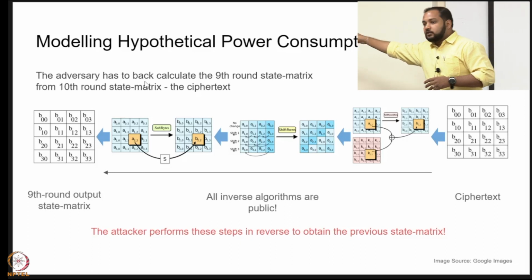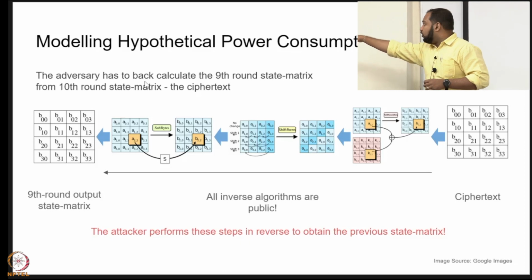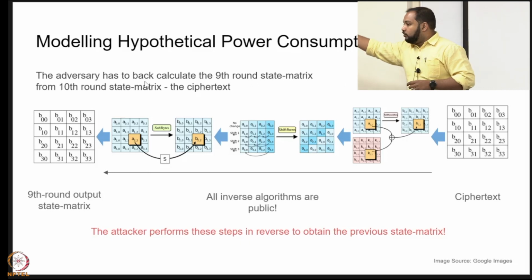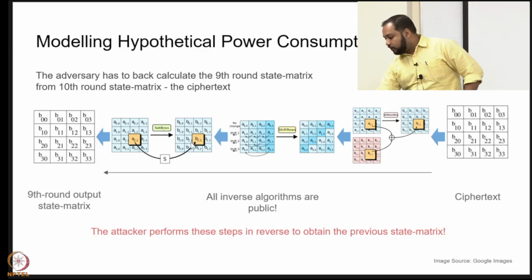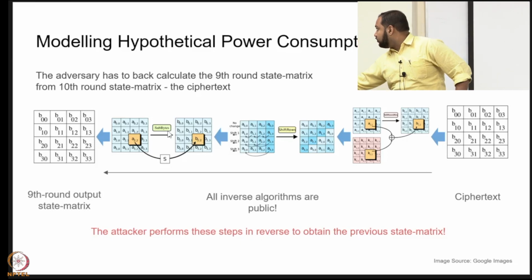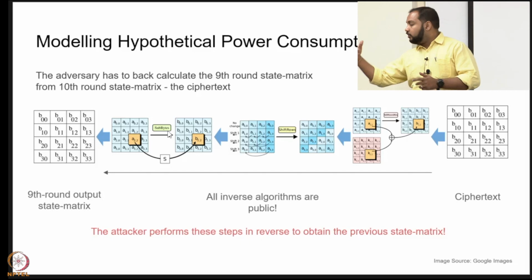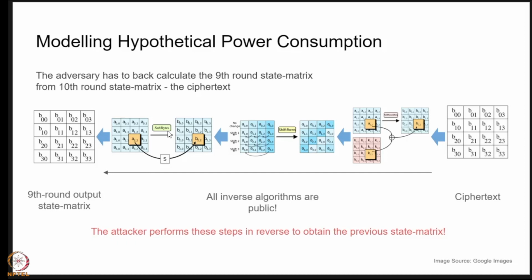The first row of the shift row operation does not go through any shifting, so you do not need to perform the inverse shift row operation over there. Then you go back to the inverse S-box, substitution box operation, and then finally you end up with the 9th round output.